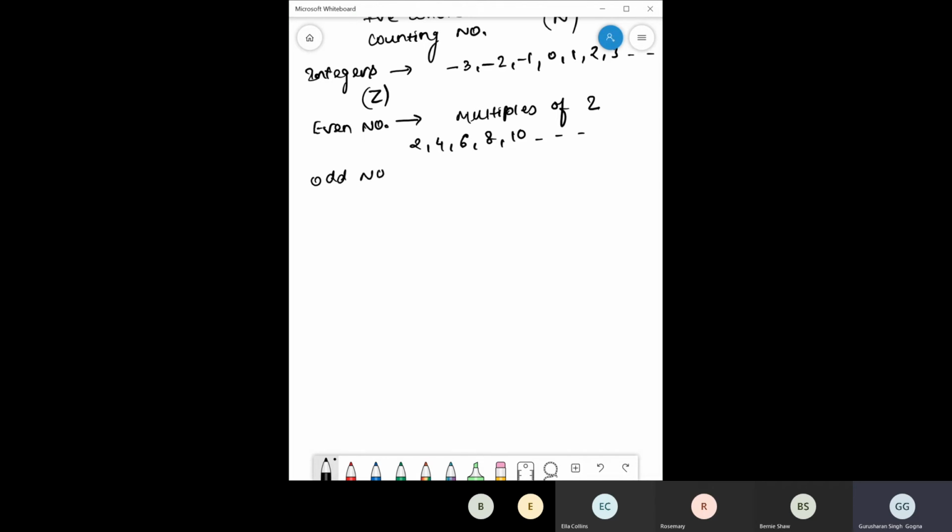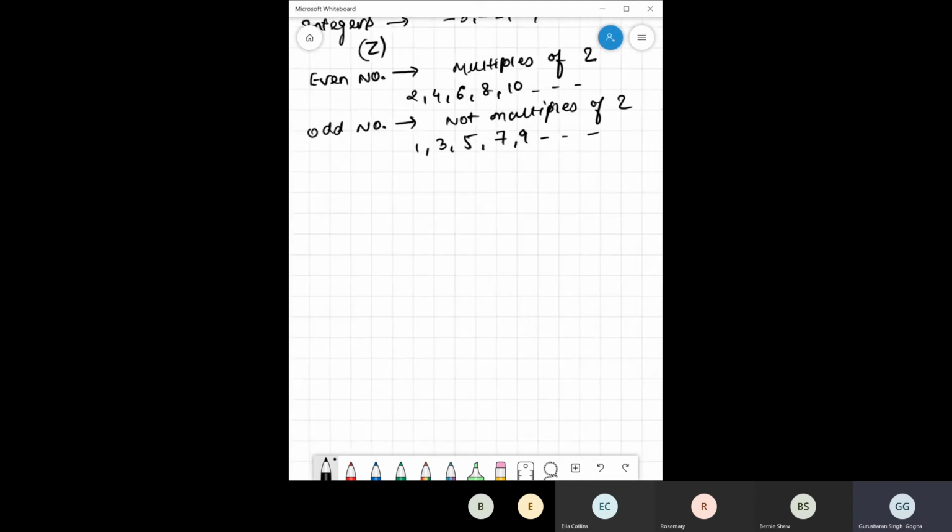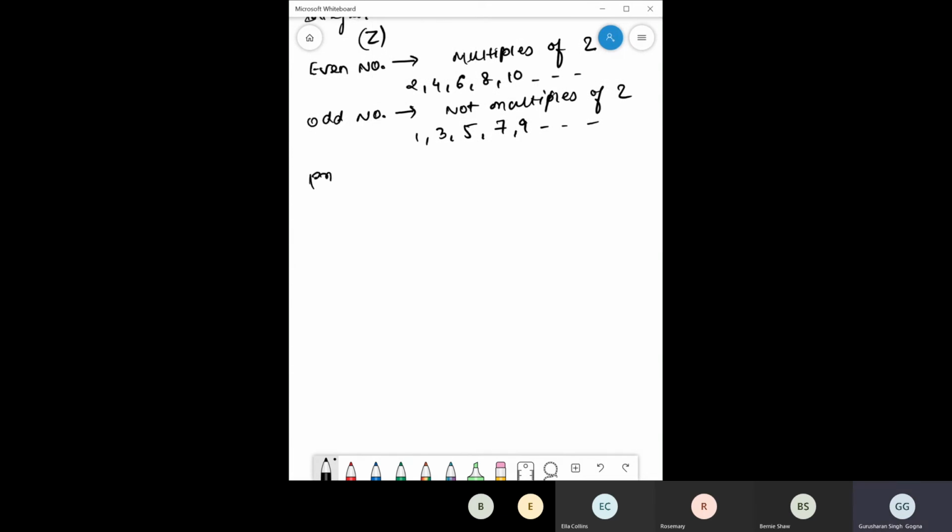Then you have odd numbers. Odd numbers means which are not multiples of 2. For example, 1, 3, 5, 7, 9, and so on. Next is prime numbers. So what are prime numbers?